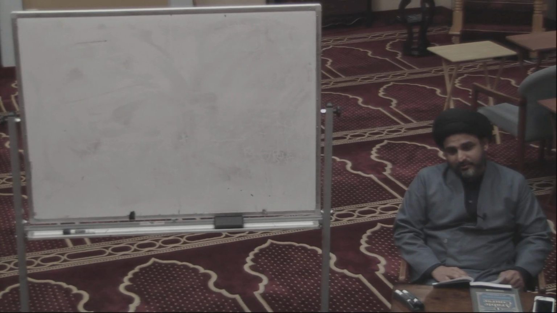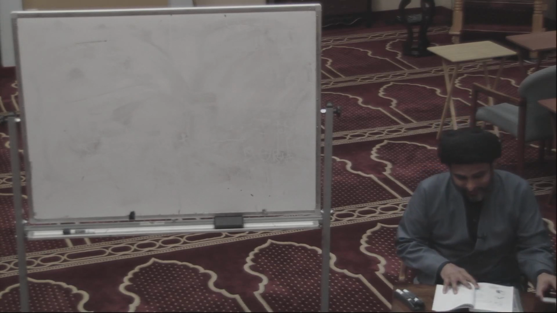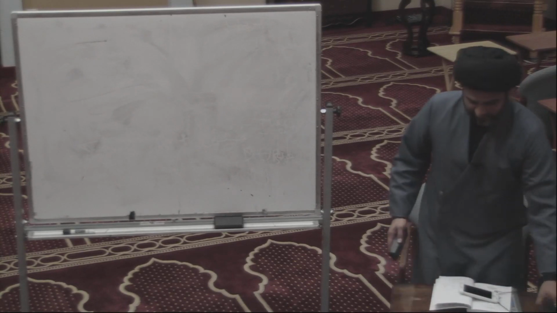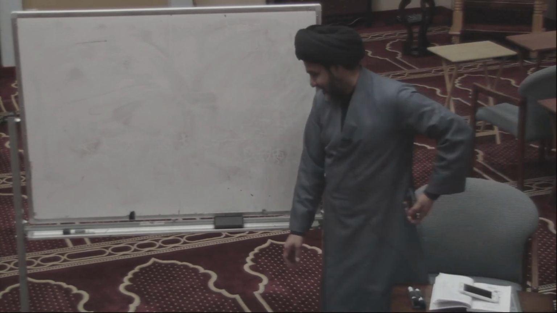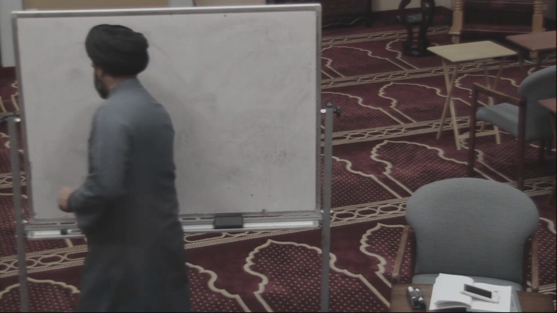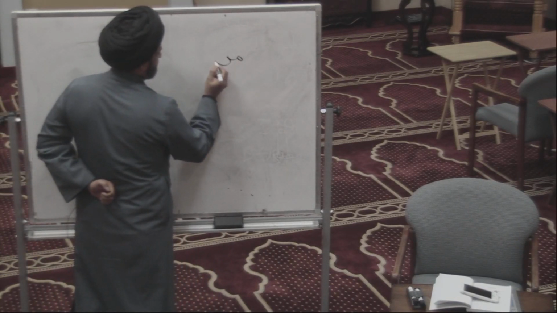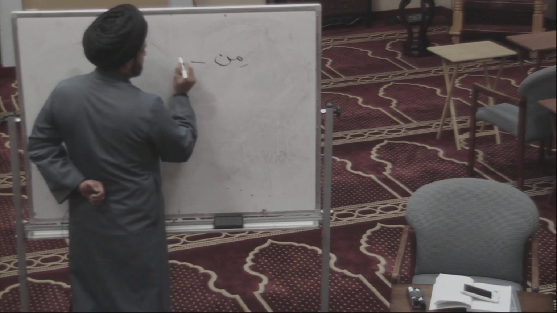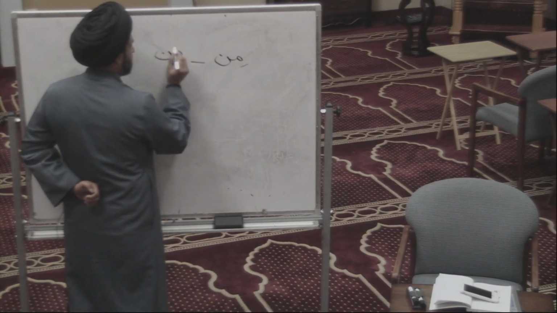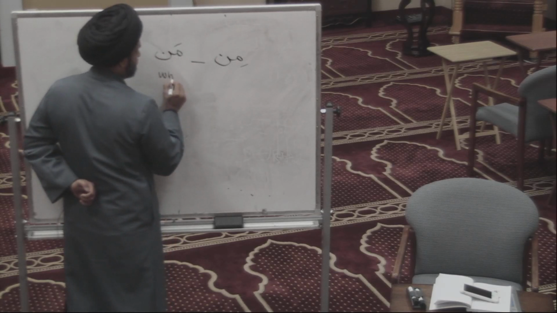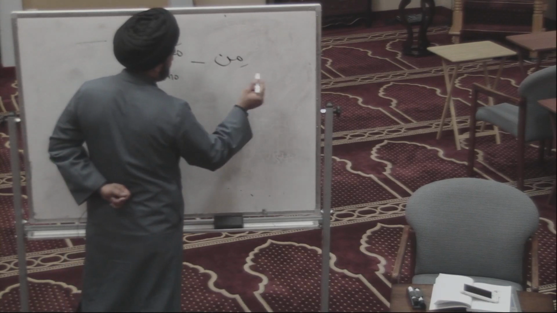Is this not a harf jar? No, that's not harf jar. Man is who, right? Min was harf jar, right? This is a common mistake, min as opposed to man. Man is who; min is from.